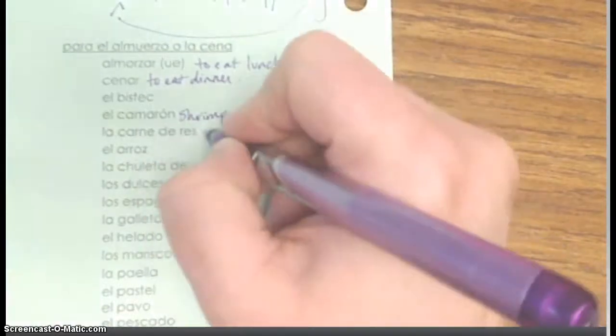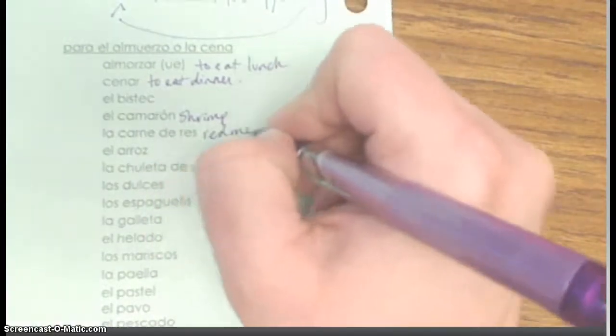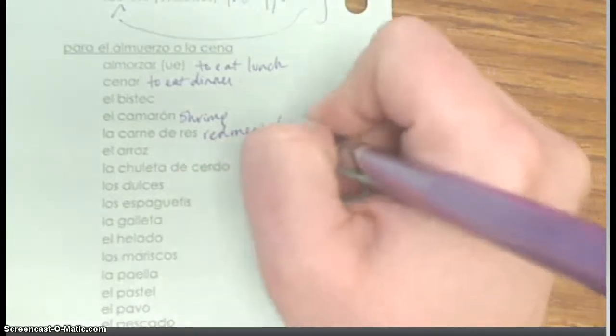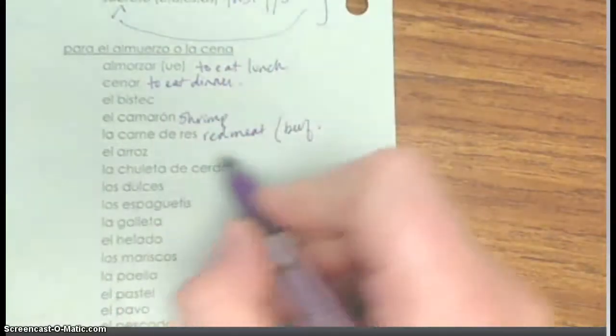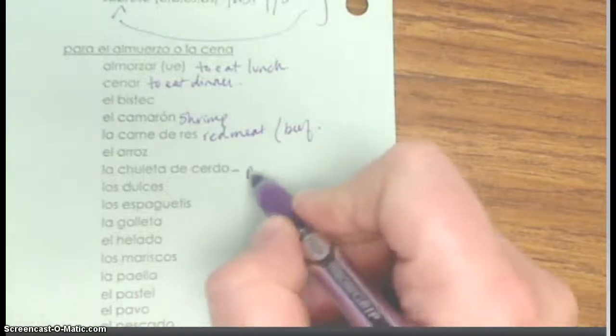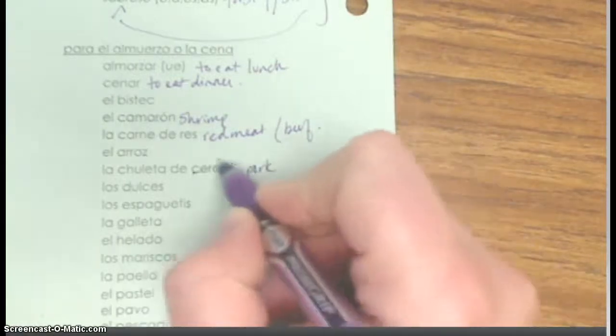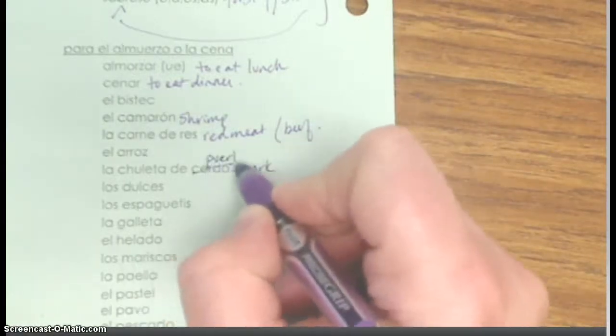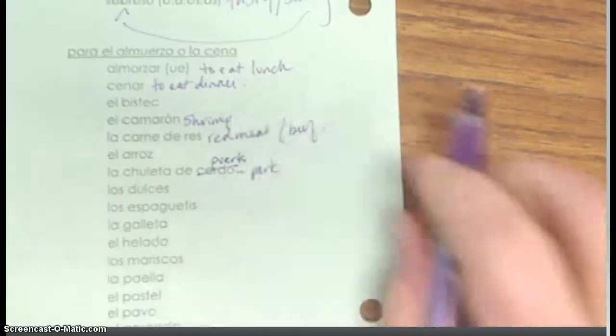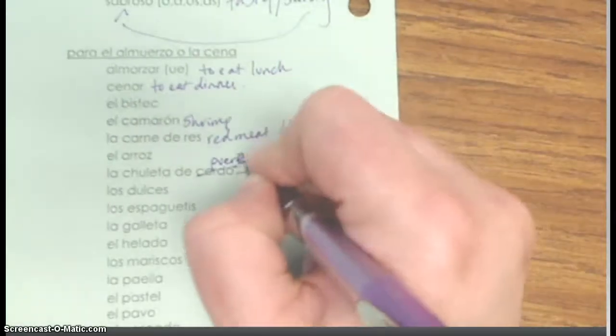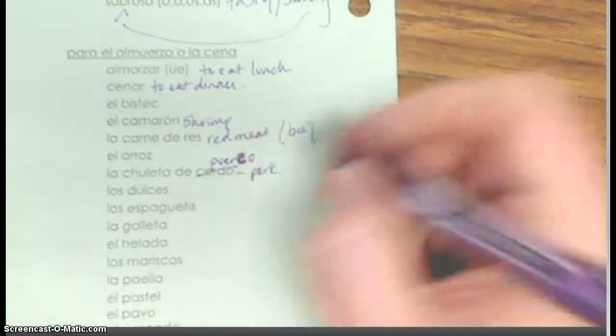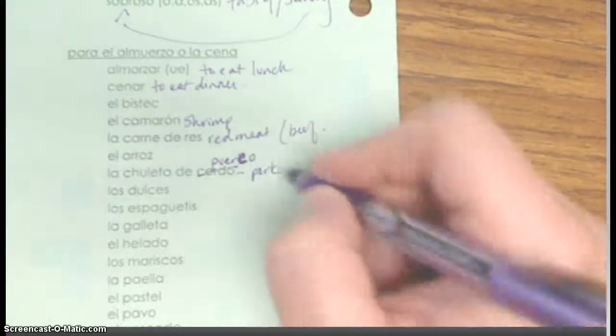Carne de res, red meat. Beef. Arroz is rice. Chuleta de cerdo is pork chop, but most natives say puerco, which is pork. Why am I messing that up? That should be with a C. Puerco. Sorry about that, pork chop.